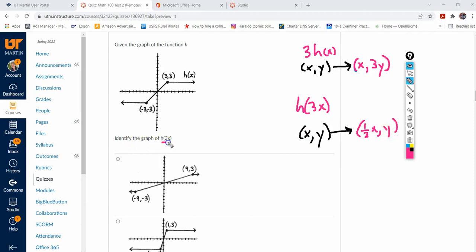Okay, so this is the one for this question, so we're not concerned with that. I think one of the other test banks did have that question. So now here's the graph. The point that's been given me, one of the points that's been given me is 3, 3. And under this translation, it's going to be carried to a new point. It'll be 1/3 times the old x, and the y coordinate is unchanged.